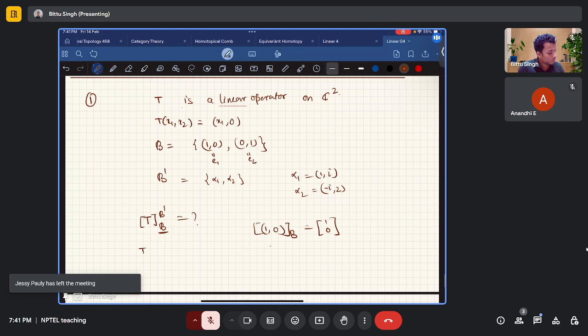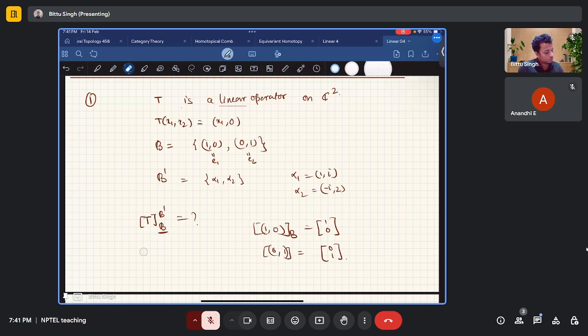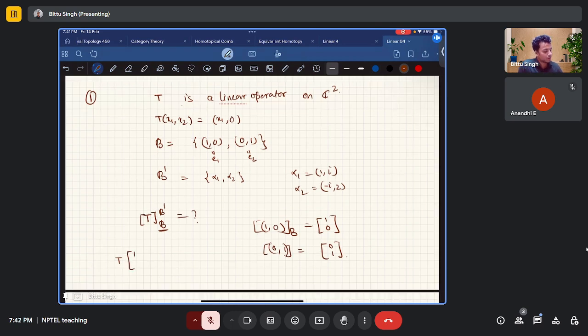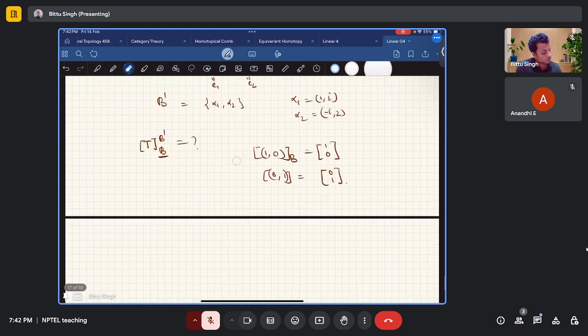Similarly, the coordinate of 0 1 with respect to the standard basis is also 0 1.